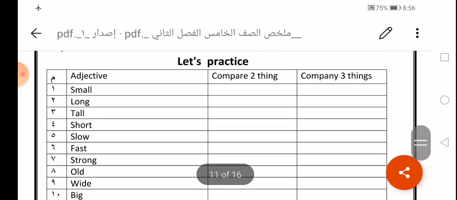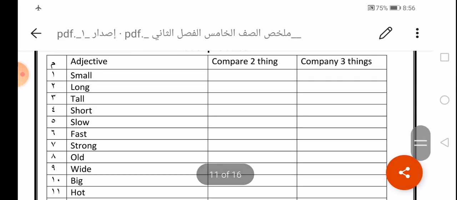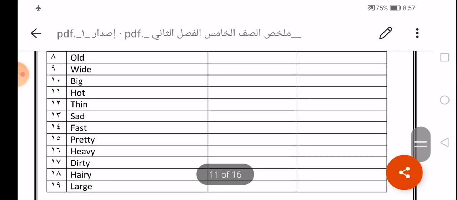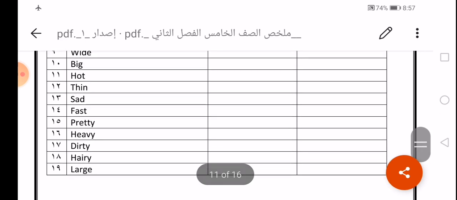Sorry, comparing three, there is a mistake here. Comparing three, that means we are going to add est. Comparing two, that means we are going to add er. So try to practice these adjectives: large, hairy, dirty, heavy. Number 15, pretty.